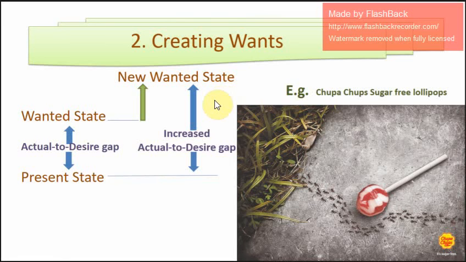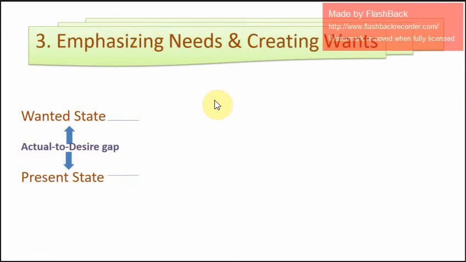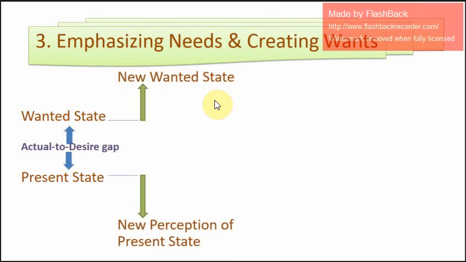Let us understand the third way, where we emphasize needs and create wants together. In this case, a marketer lowers the perception of the present state as well as increases the perception of the wanted state together.